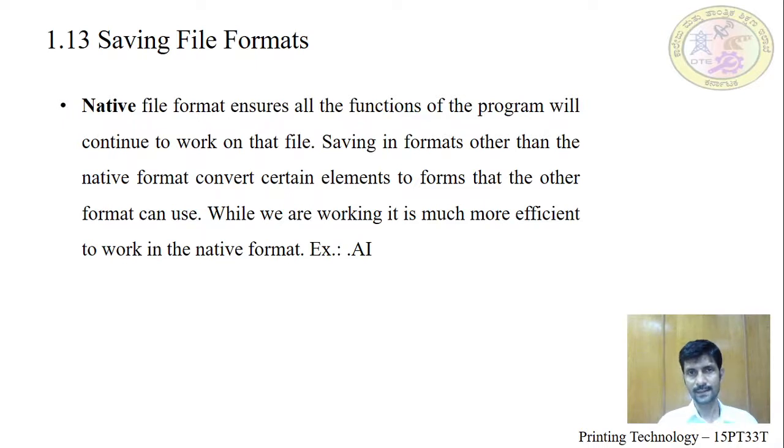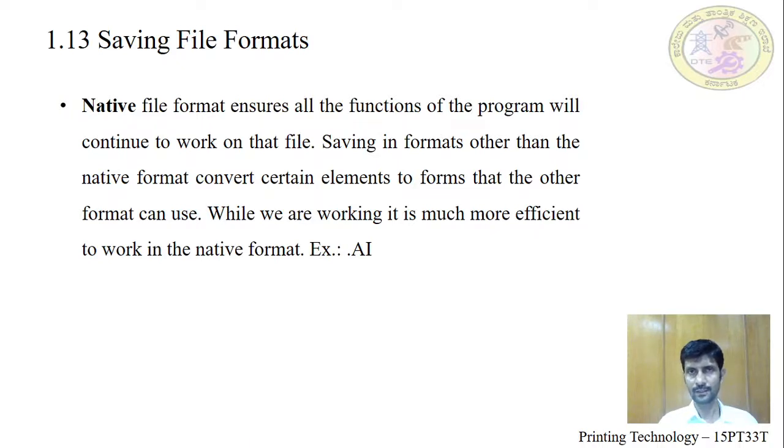Next, saving in a format other than the native format converts certain elements to a form that the other format can use. The other formats can also be created using Illustrator software, converting some features so that they can open in a particular application software. While we are working, it is much more efficient to work in the native format.